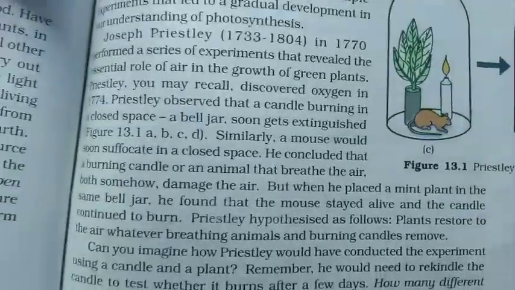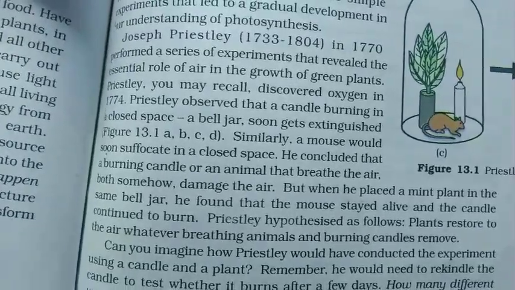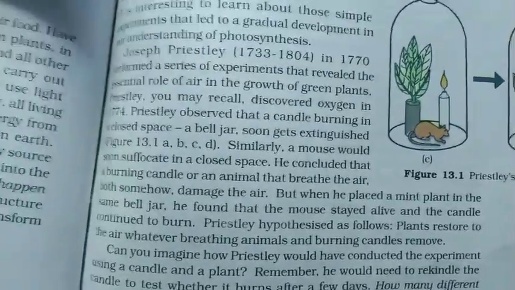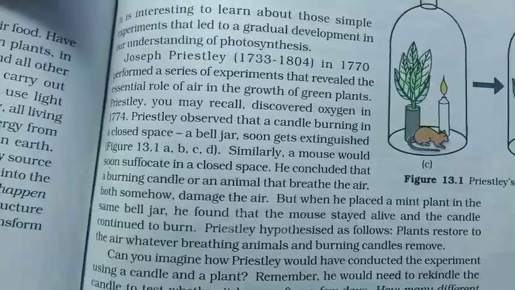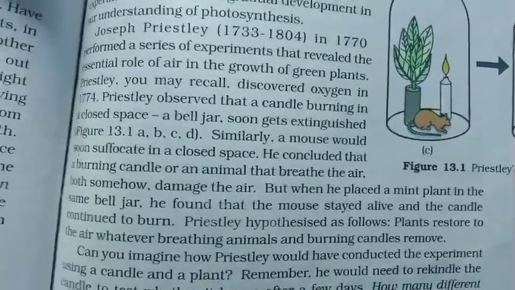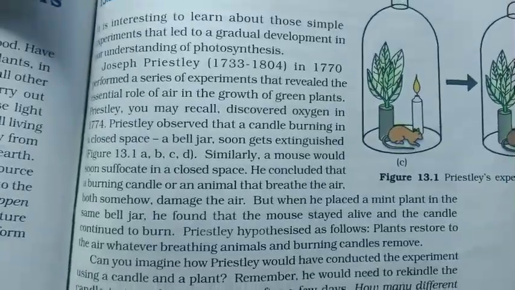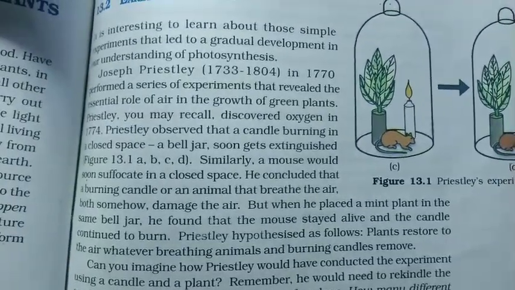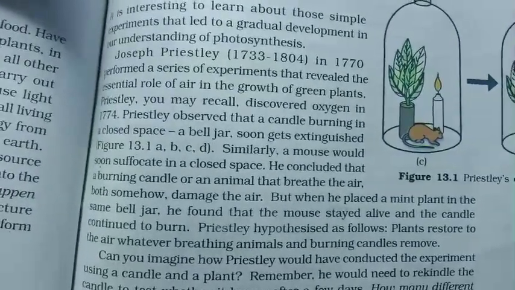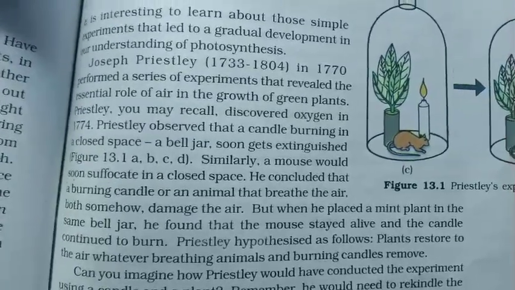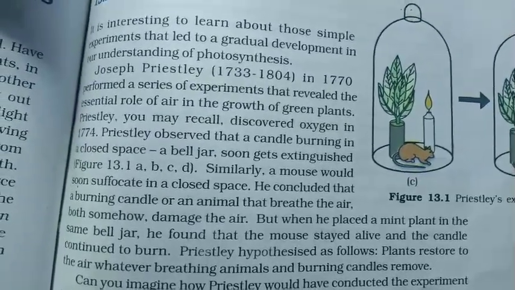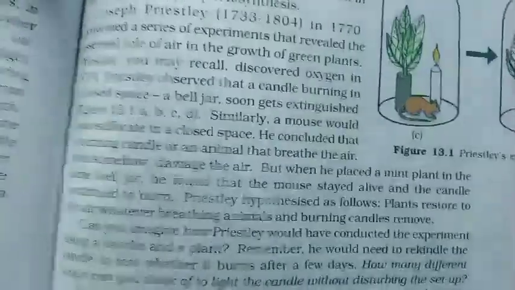But when he placed a mint plant in the same bell jar, he found that the mouse stayed alive and the candle continued to burn. Priestley hypothesized as follows: plants restore to the air whatever breathing animals and burning candles remove.